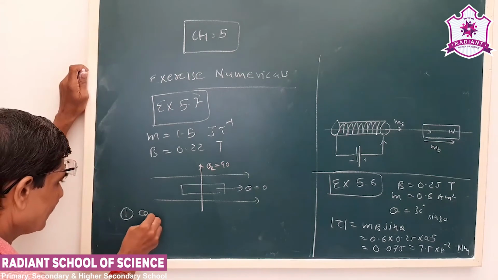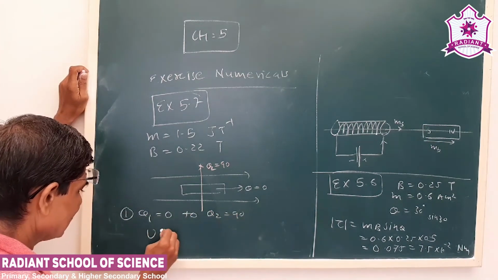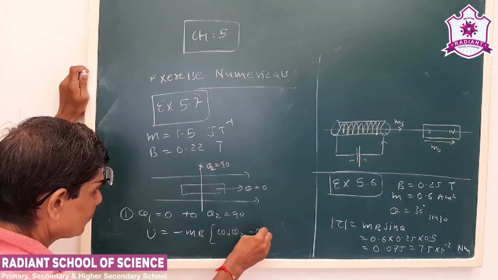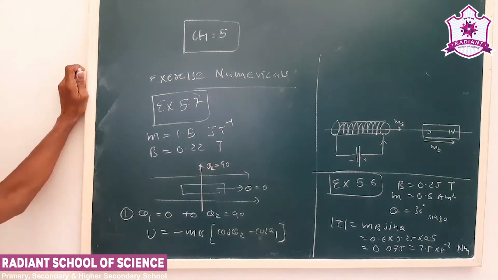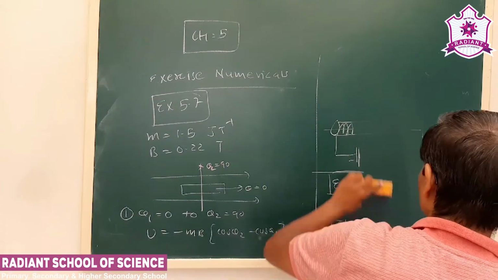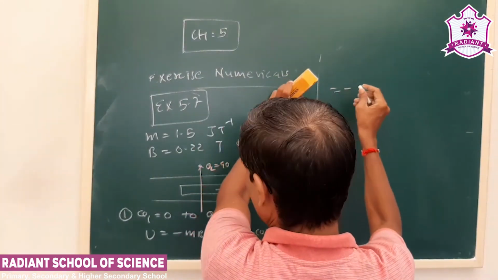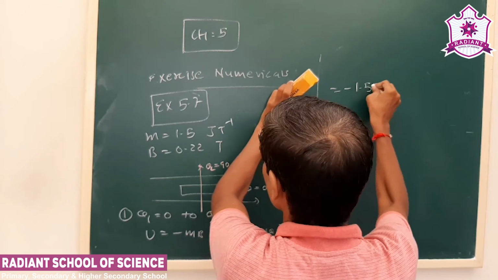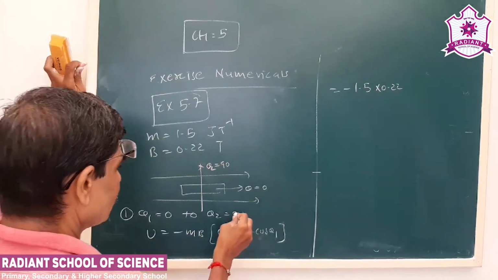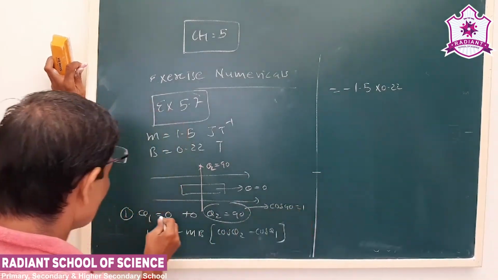From theta 1 equal to 0 to theta 2 equal to 90, U is equal to minus m b into cos theta 2 minus cos theta 1. Now we have to substitute the values. Minus m is 1.5. Cos 90 is 0 and cos 0 is 1.